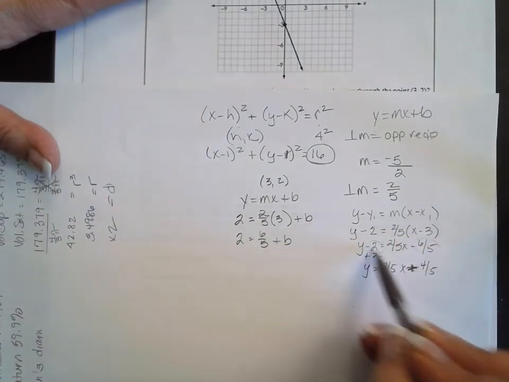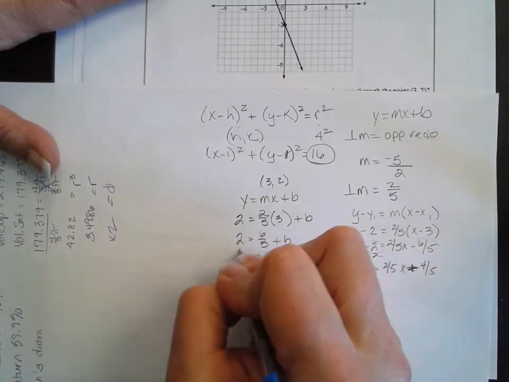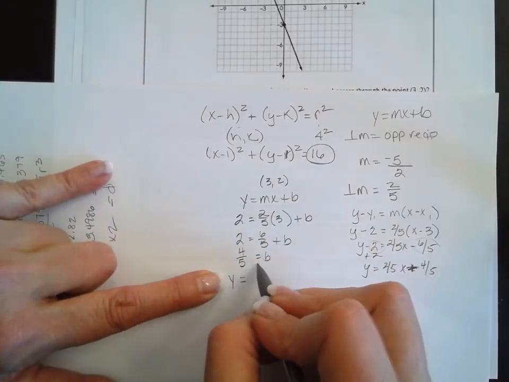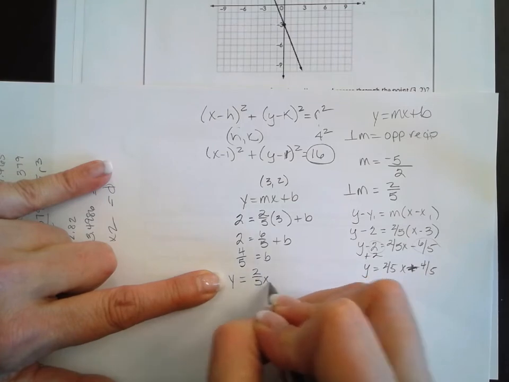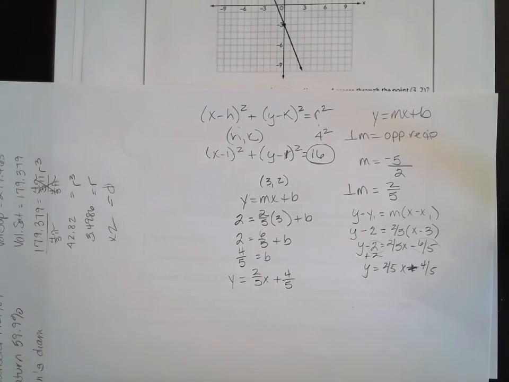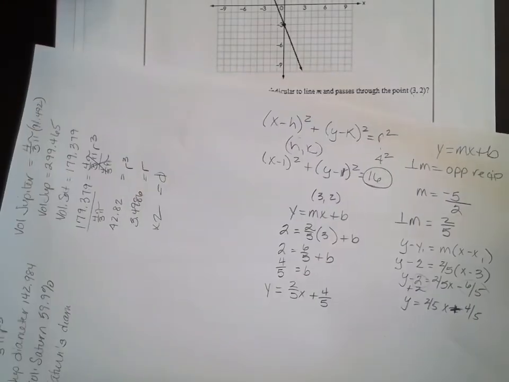See, same numbers. And b is going to be 4/5. Now I know that 2/5 is my slope, 4/5 is my b. Either way is going to work. I think it's faster with point slope, but if you can't remember point slope, use the other way. It's okay. Multiple methods of madness. Good with that one?